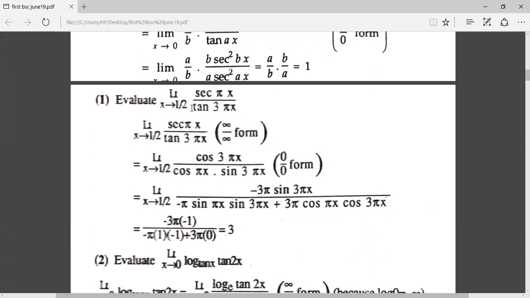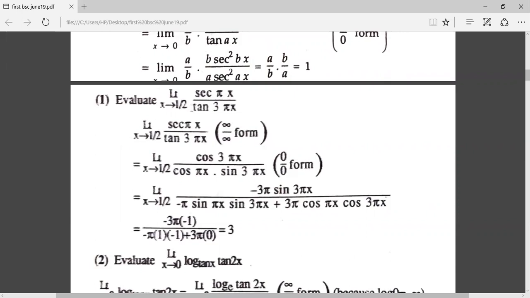Whole divided by minus pi into sin, when x is half, it is sin 90. Sin 90 is 1. Next term, sin 3 pi x as x tends to half is sin 270, which is minus 1, plus 3 pi into cos 90. What is cos 90? Because when x is half, it is cos pi by 2. Cos 90 is 0. Therefore, the entire term will be 0.